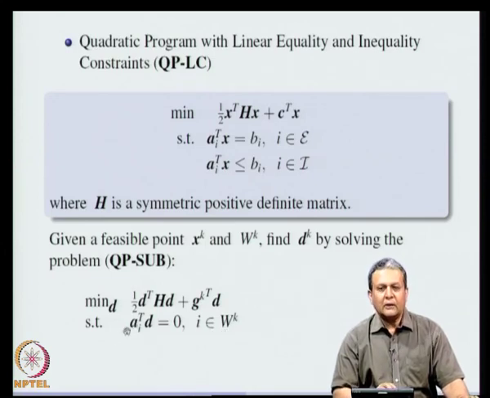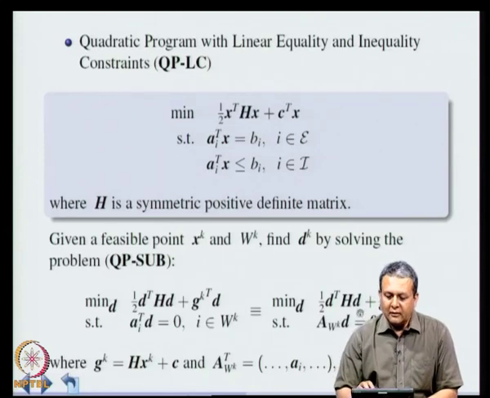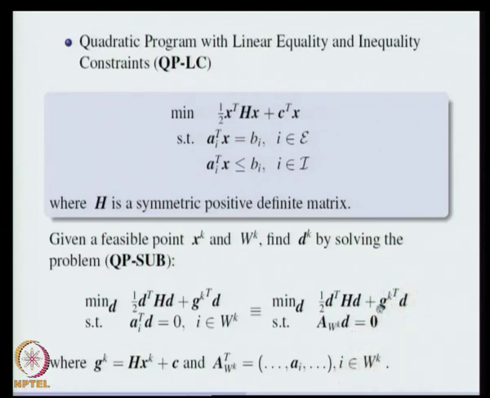Now, if we combine these ai's and put them together in the form of a matrix A, the program will look like this: the objective function is still the same, but now we have a compact way of writing these active constraints. So, A_Wk d equal to 0.